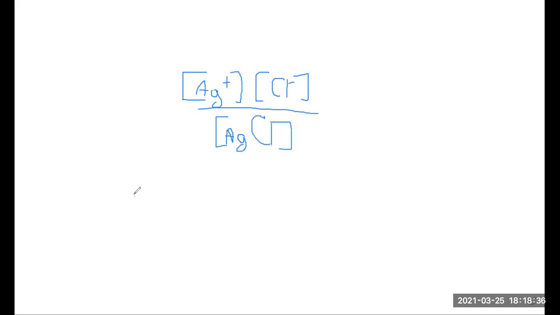If I write this, I would have AgCl solid, and then my little double-headed arrow here, and then my Ag plus and my Cl minus. Now both of these, this bit here and this bit here, are aqueous.